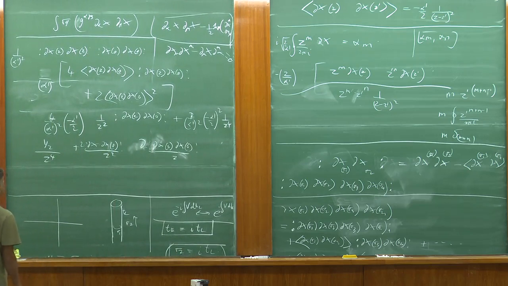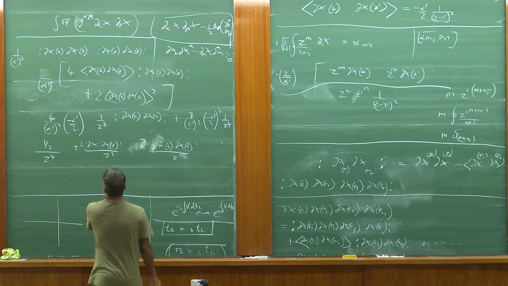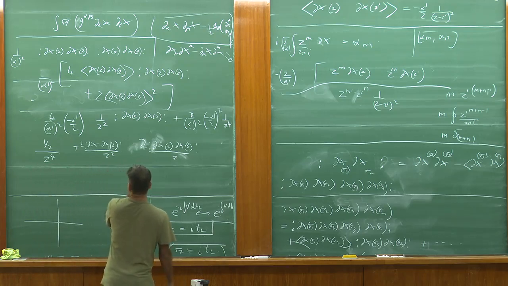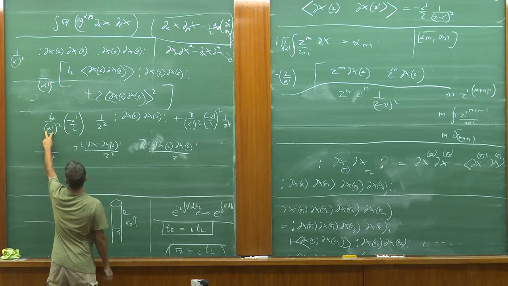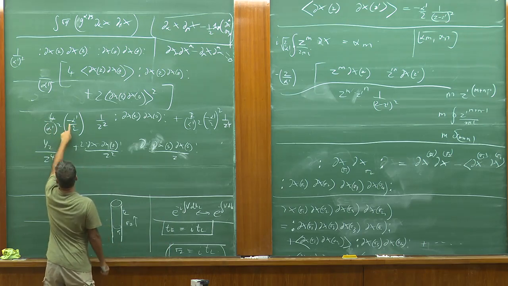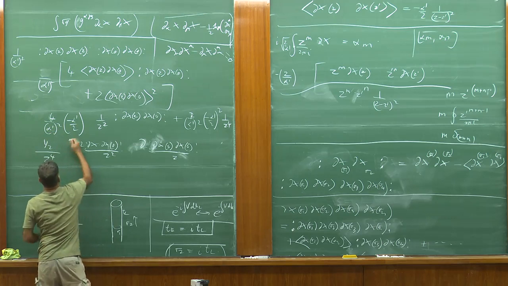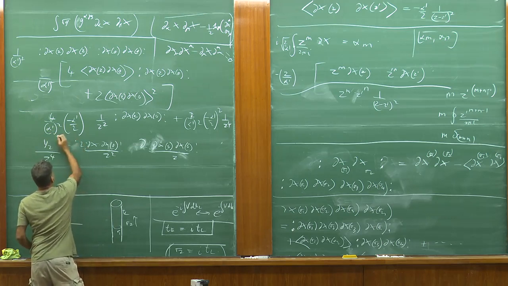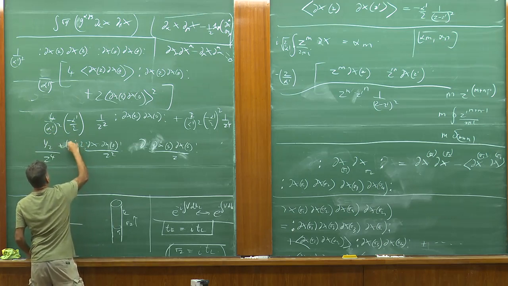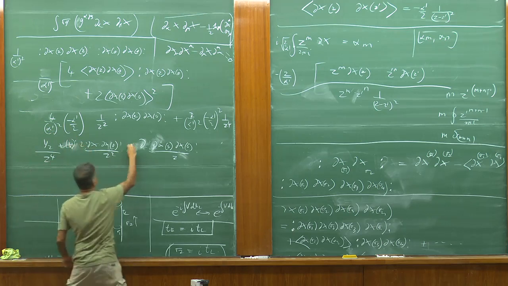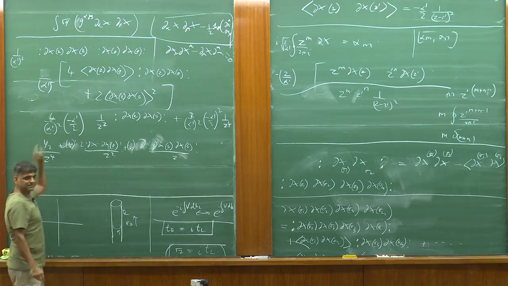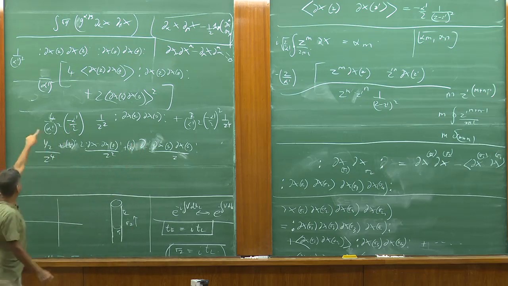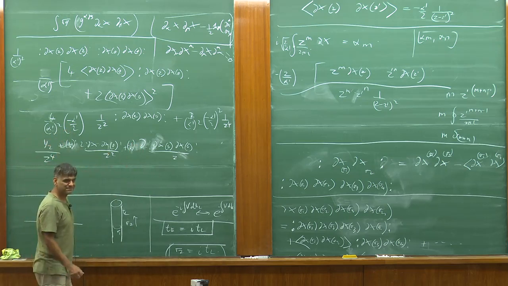And now what about my alpha primes? I had here minus 1 over alpha prime, and also here minus 1 over alpha prime. Right? Because from that, we've accounted for the 2, but we didn't account for the alpha primes.